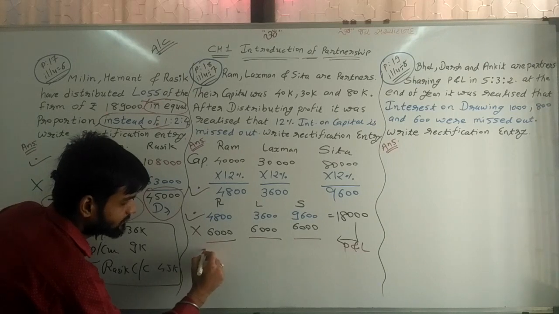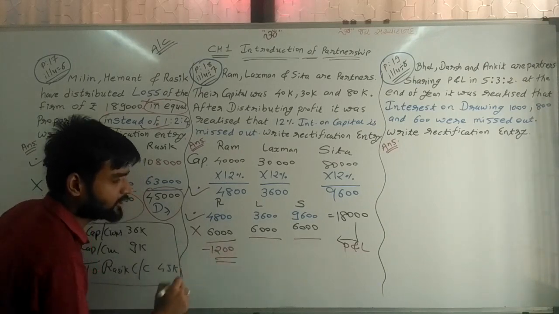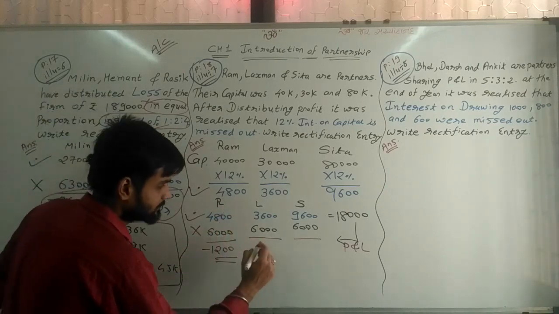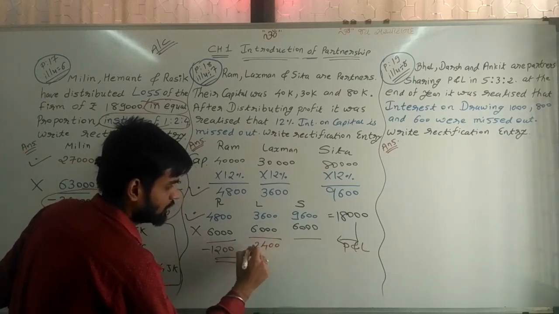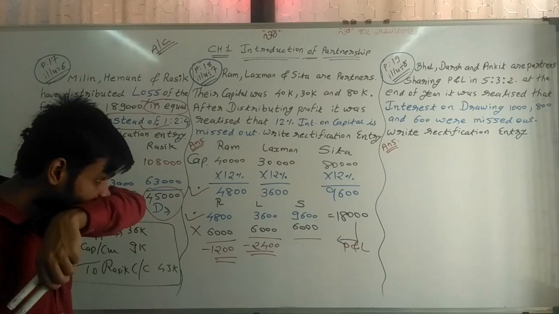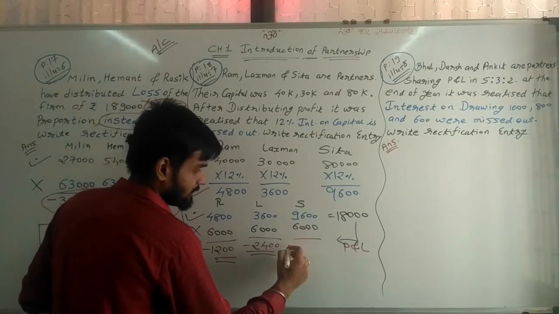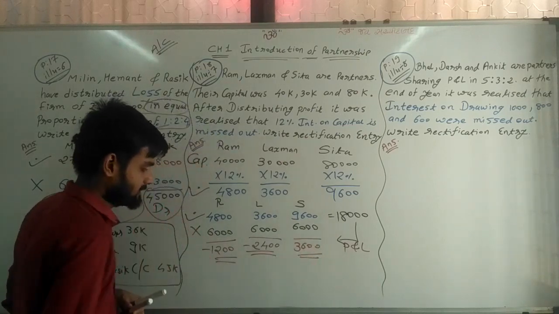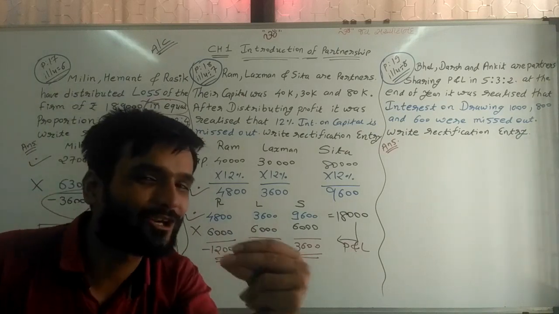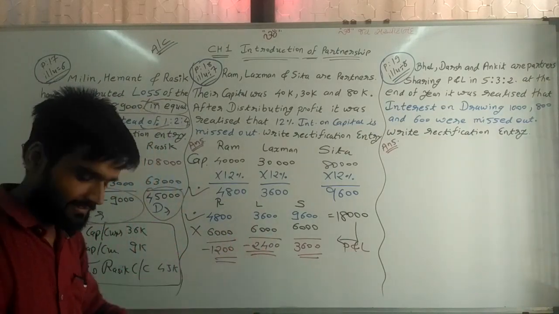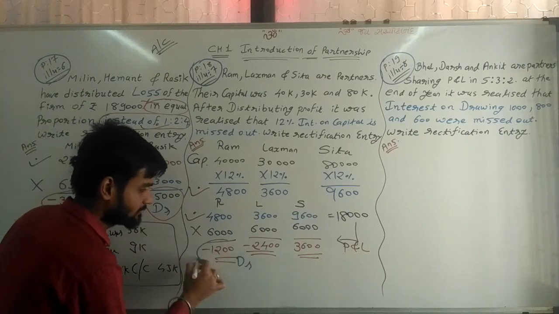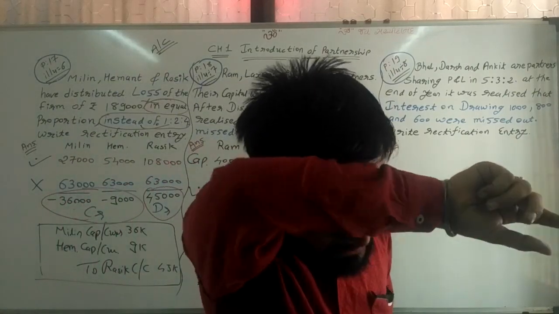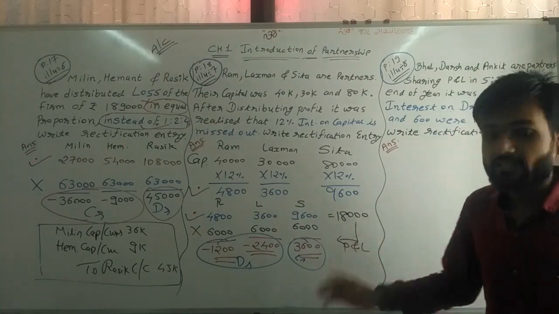Answer is minus 1,200 rupees. 3,600 minus 6,000, 2,400 minus, and here 3,600 rupees plus. Now what is the rule? Minus debit and plus credit. So minus debited and plus credited.